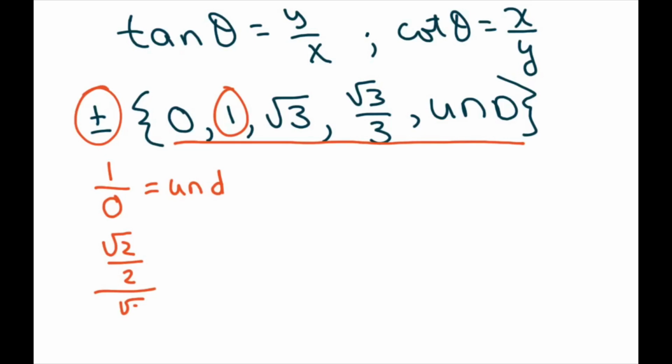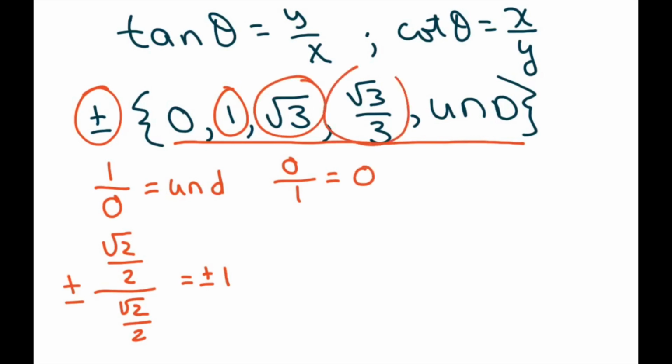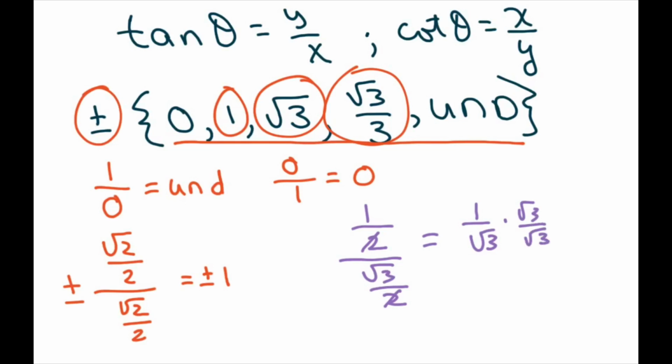If you divide these two, whether it be plus or minus, you're going to get plus or minus 1. And if you have 0 divided by 1, that equals 0.